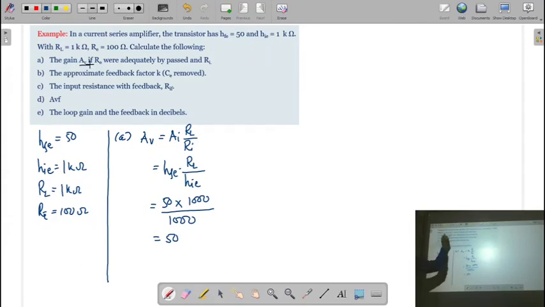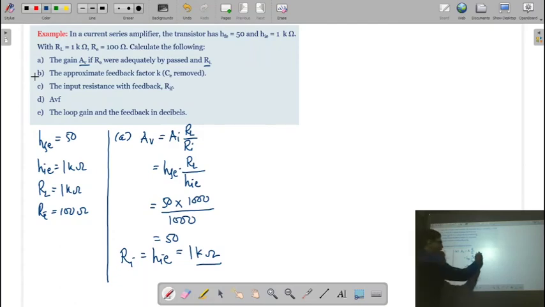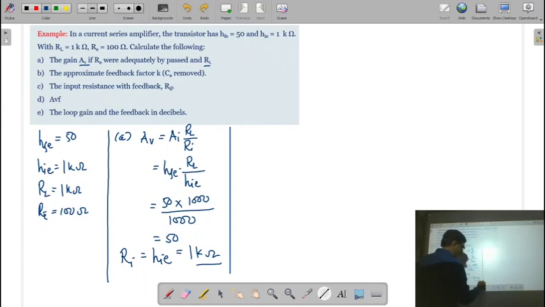So we have calculated this here, and you have to find out what is RI, the input resistance of the amplifier. RI is nothing but HIE, and HIE is given as 1 kilo ohm. So the input resistance of the amplifier is 1 kilo ohm. Now the second part of the example, the approximate feedback factor. Correct? And what is the formula for the feedback factor?